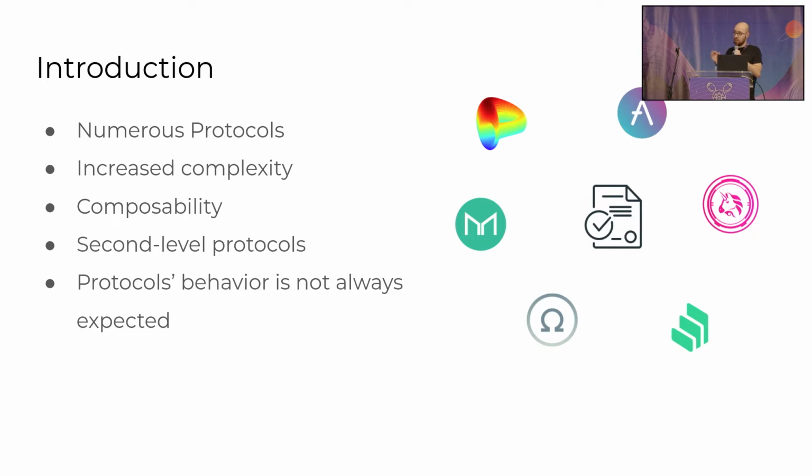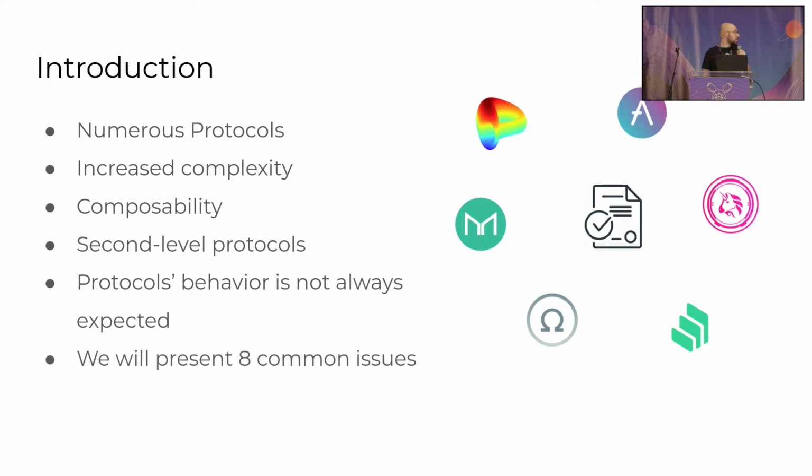And I want to point out, even from this point, that it is really hard and it is really challenging for developers and auditors to really understand the behaviors of all sorts of protocols that they want to interact with.